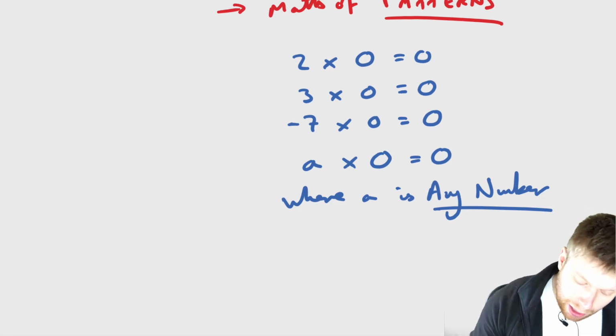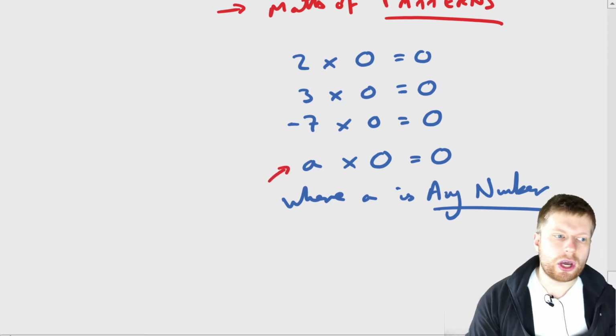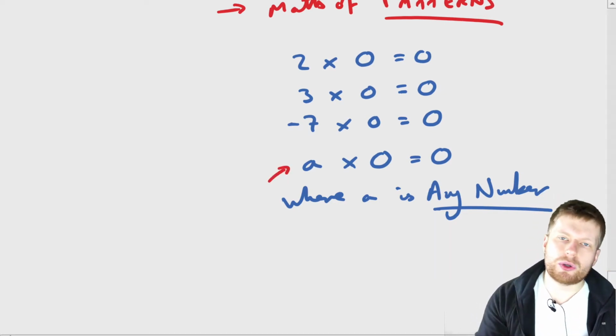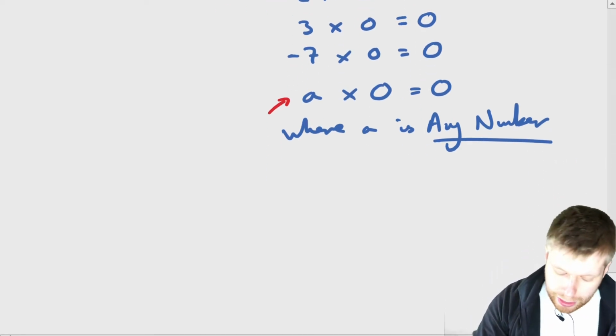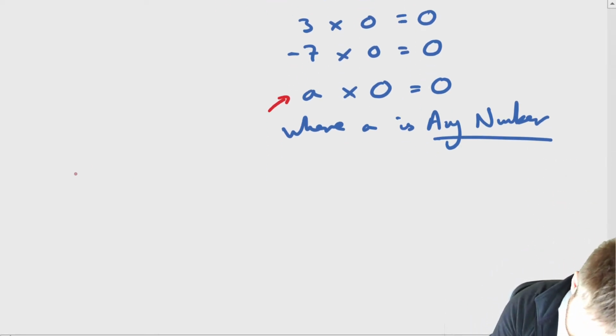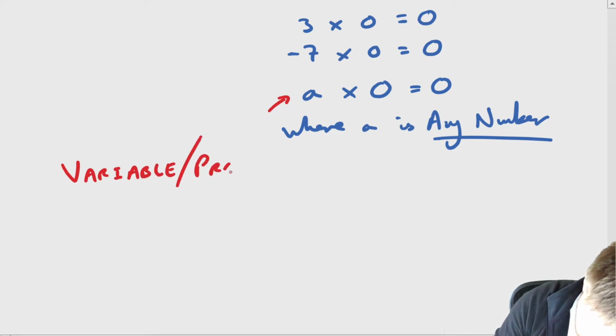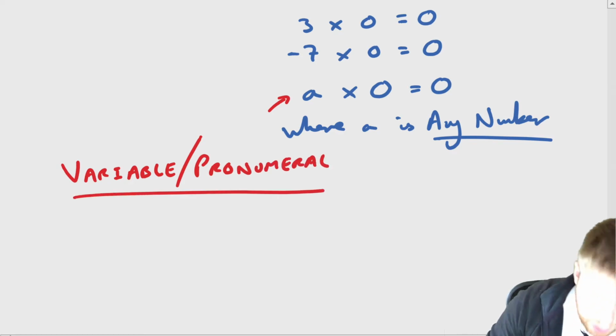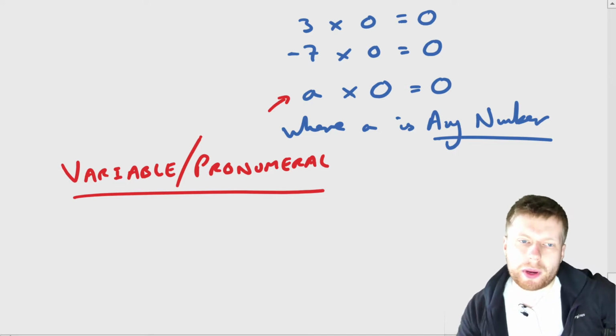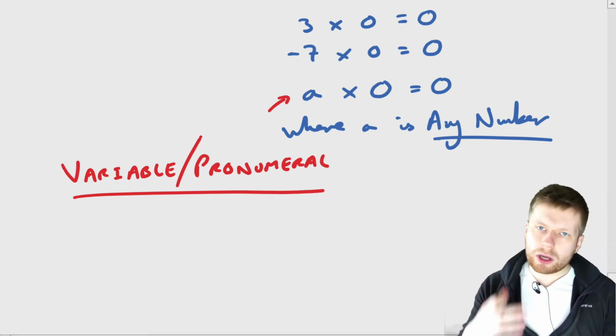Now you notice that with algebra, we tend to use letters to represent the unknowns or the things which we want to generalize. We give these letters a special name. We call them either a variable or a pronumeral. A variable, well, the clue's kind of in the name.